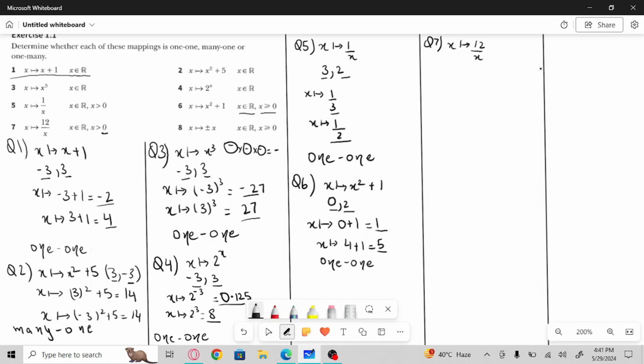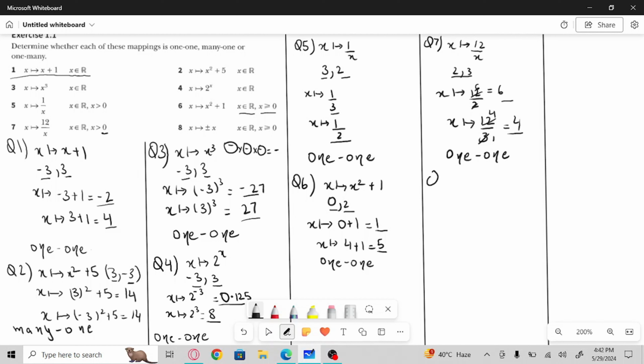So we take two random input values, 2 and 3. x is mapped to 12 upon 2, which is equal to 6, since 2 6s are 12. And secondly, x is mapped to 12 upon 3, which is equal to 4, since 3 4s are 12. Again, two different inputs, two different outputs. Again, this is going to be a 1-1 type of mapping.